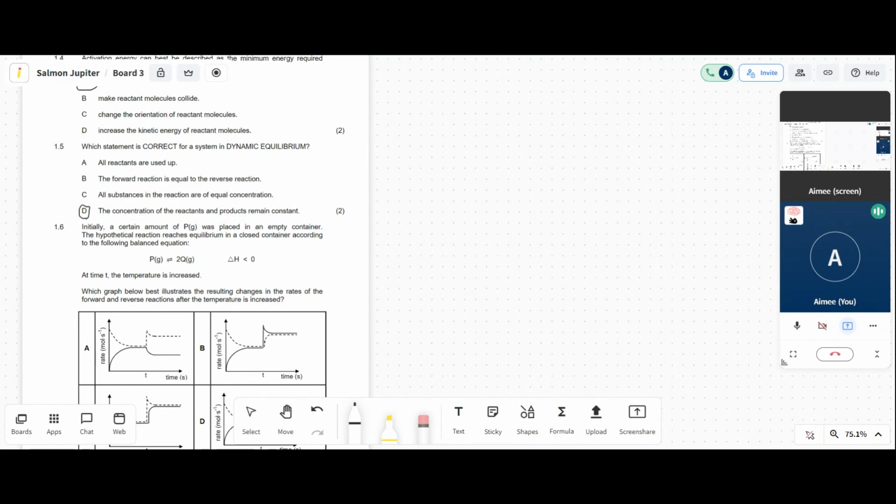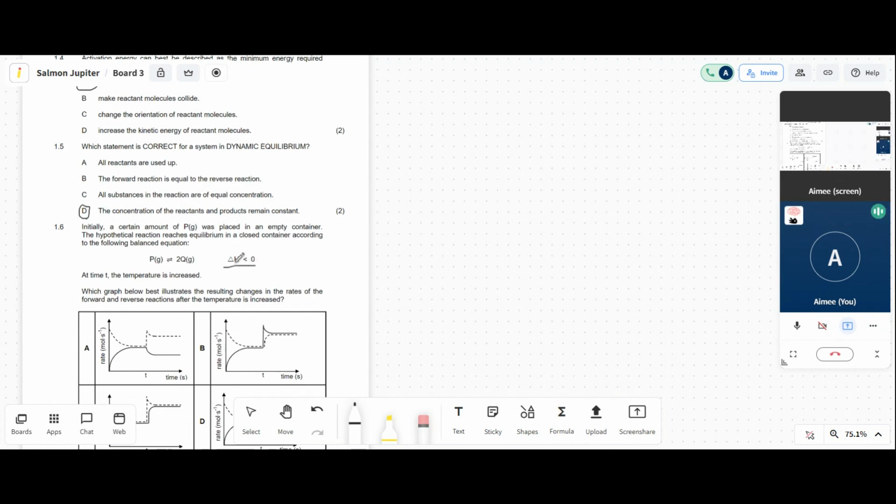Okay, and it says at time t, the temperature is increased. Which graph below best describes the resulting changes in rates of the forward and reverse reactions after the temperature is increased?